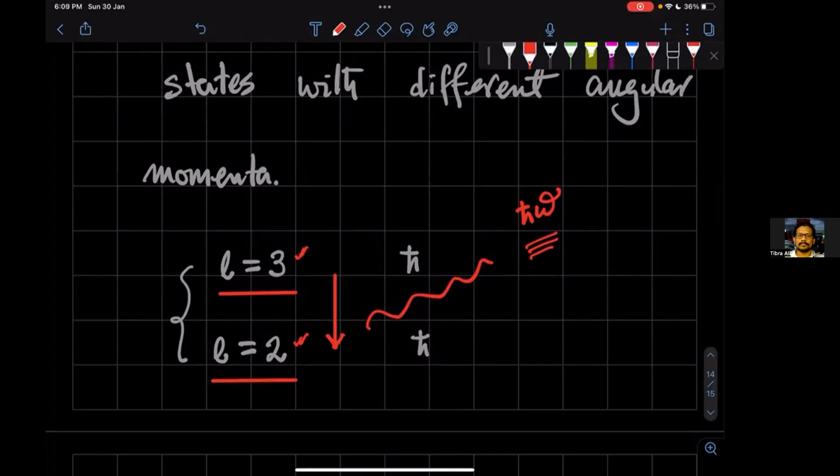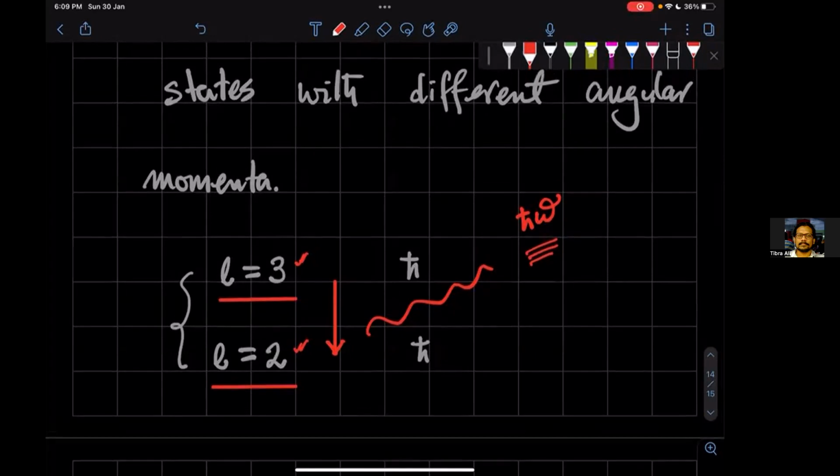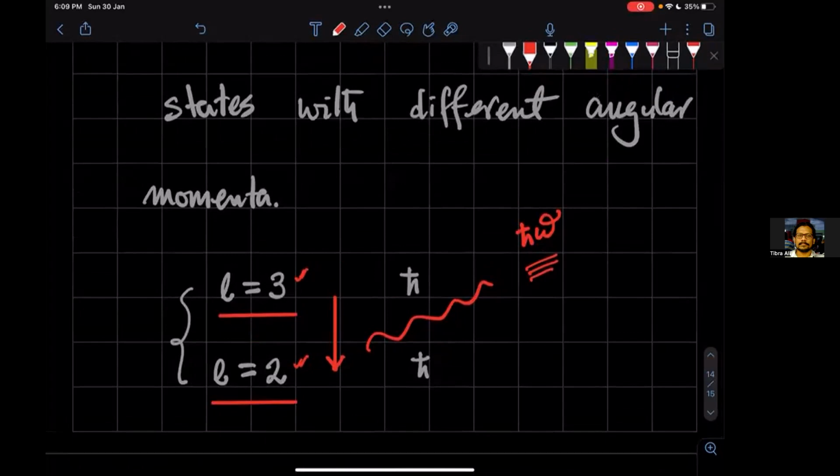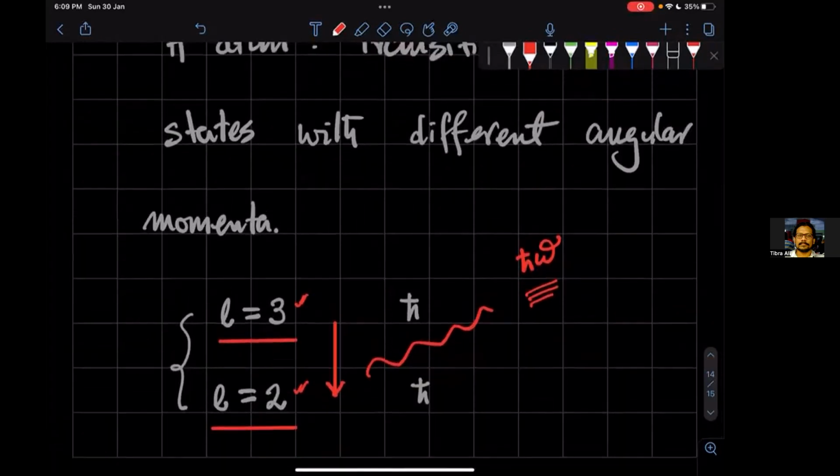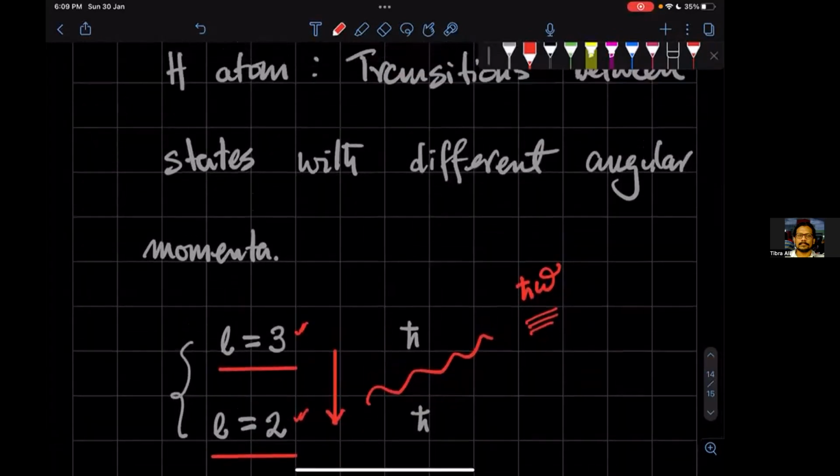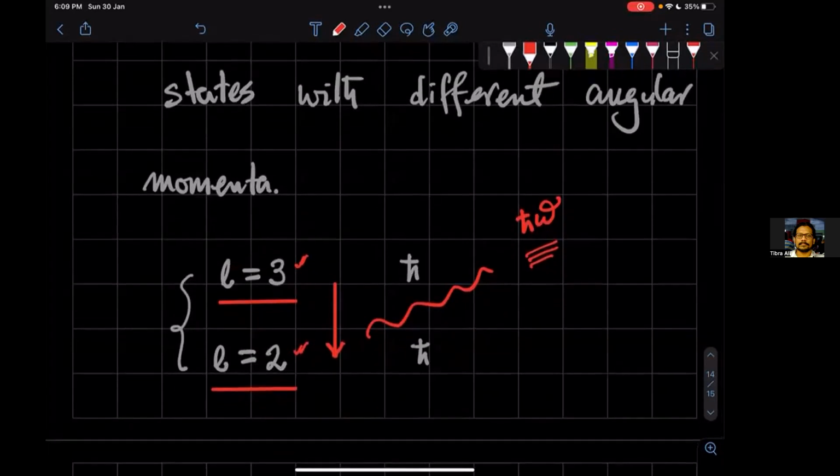So the number of transitions that are possible will depend on the angular momentum. Therefore, the relative intensity of different transitions will differ depending on their angular momenta, and you can't really understand that unless you do group theory. Okay, we will do this.